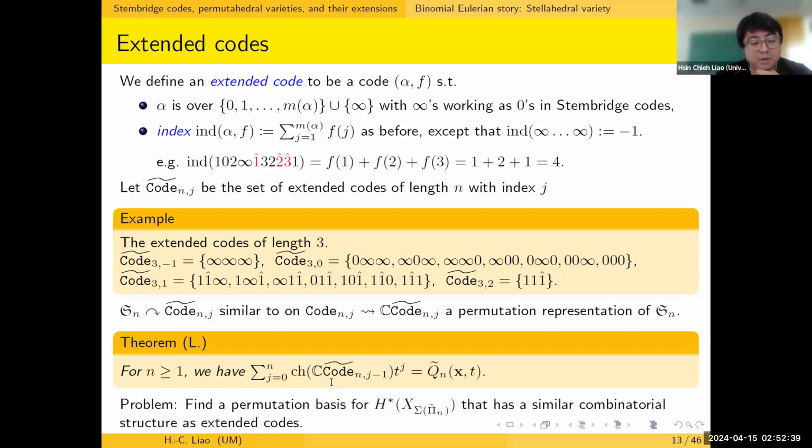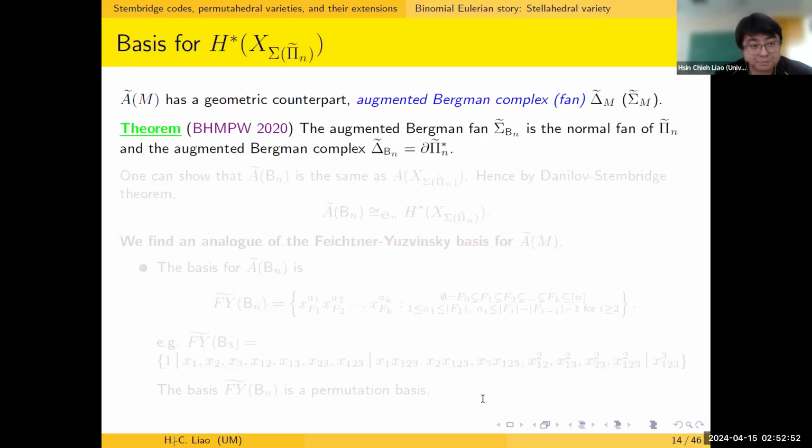And now we can ask the same question: can we find a permutation basis for the cohomology of the stellohedral variety that has a similar combinatorial structure as the extended codes? It turns out that yes, we can find the basis, but it's way harder than the permutohedral case. So we consider the augmented Chow ring of a matroid, which has a geometric counterpart called the augmented Bergman complex or Bergman fan.